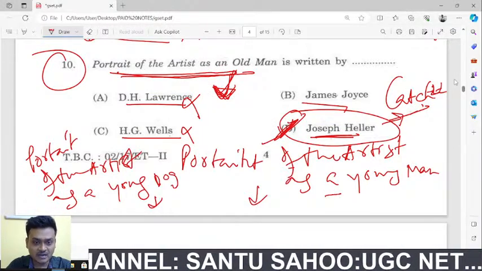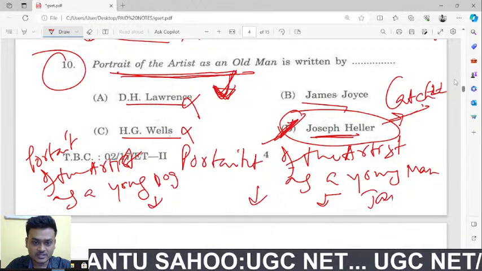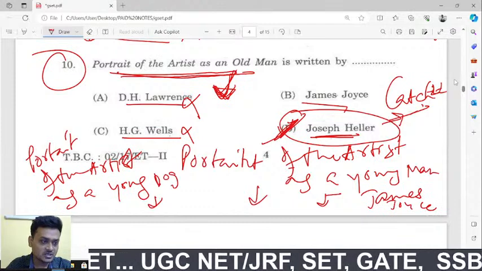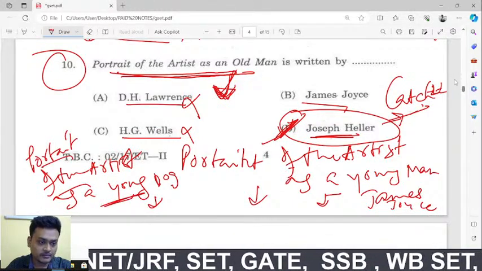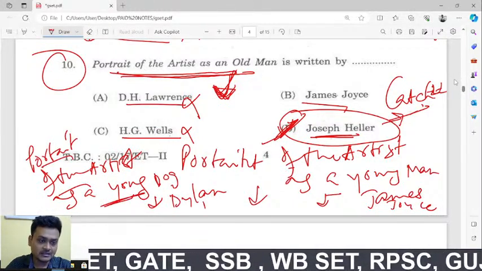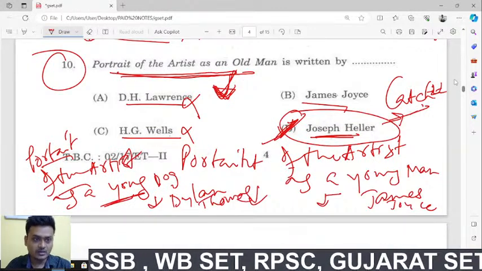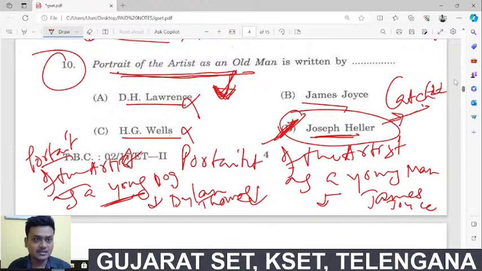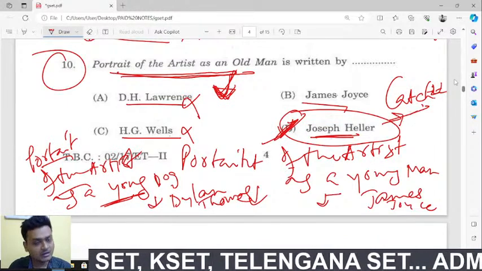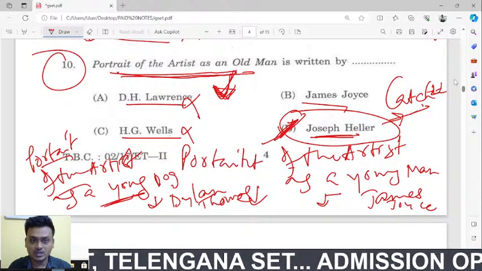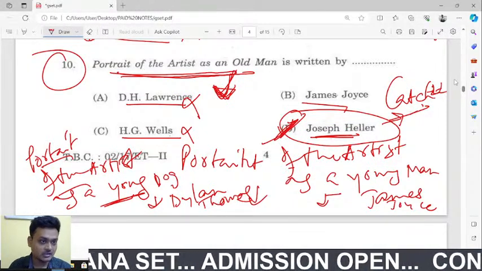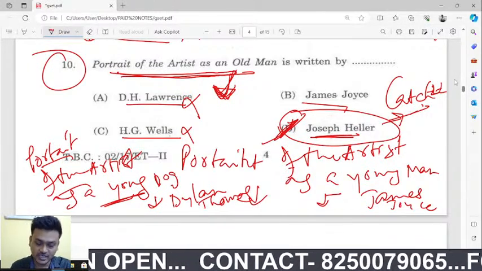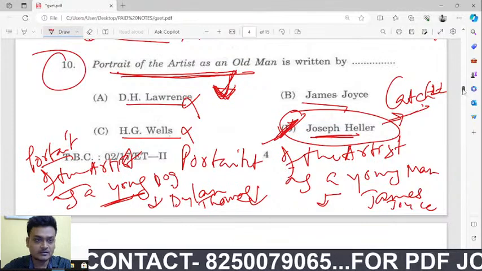Portrait of the Artist as a Young Man is by James Joyce, whereas Portrait of the Artist as a Young Dog is by Dylan Thomas. Young Dog by Dylan Thomas, Young Man by James Joyce, Old Man by Joseph Heller, who is famous for Catch-22 as well.